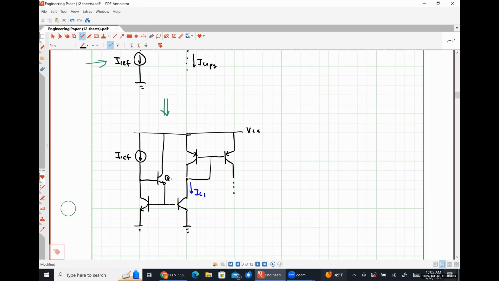Where this would be QF, QREF N. Let's call this QREF P. Actually, let's leave that as Q1. This will be QREF P. This will be Q2.